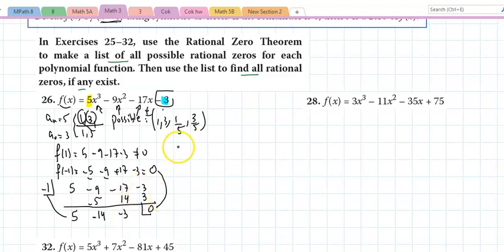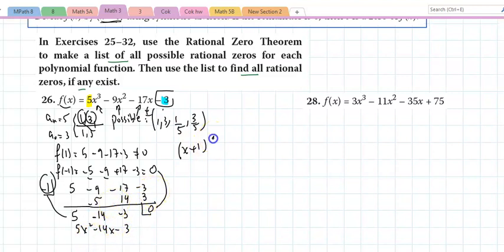What does that mean? That means so far I have x plus 1. Now, that means what's left is really 5x squared minus 14x minus 3. And if I factor that, doesn't that factor into 5x and an x, a minus 3 and a plus 1?